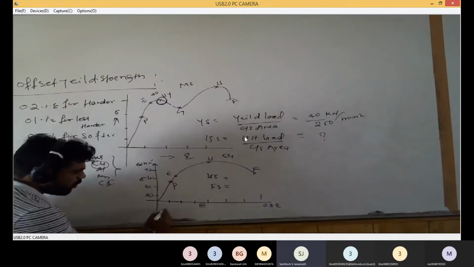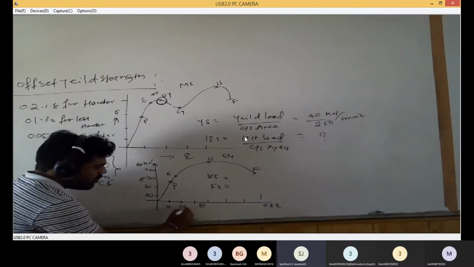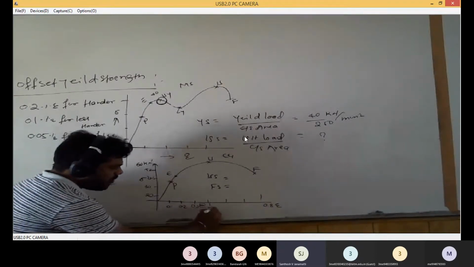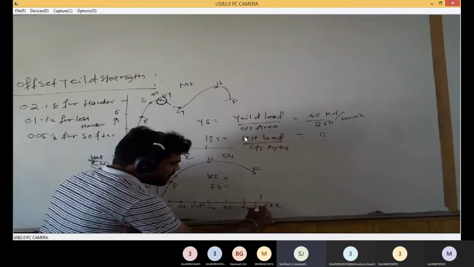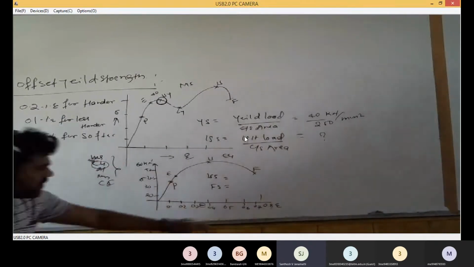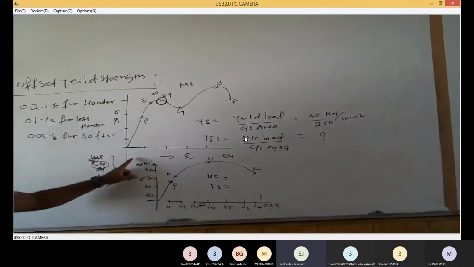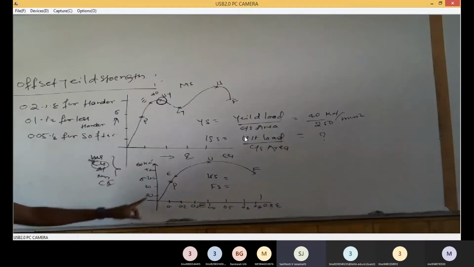Similarly here the strain values are 0.1, 0.2, 0.3, 0.4, 0.5, 0.6, 0.7, 0.8. These are my strain values, these are my stress values.